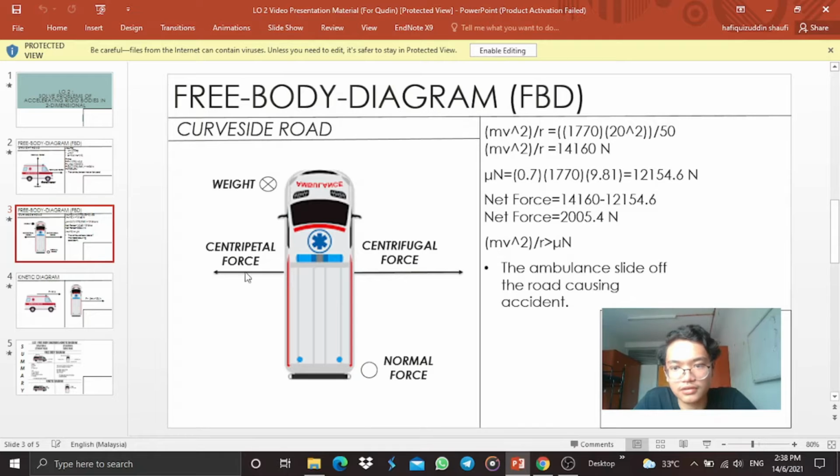And for the centripetal force, we can determine the value by using this formula, mu times N, where mu is 0.7 and N is the normal force, and we can determine that the value is 12154.6. And for the net force, which is the centrifugal minus centripetal force, we can get the net force is 2005.4 moving toward the centrifugal force. This will actually cause the ambulance to slide off.